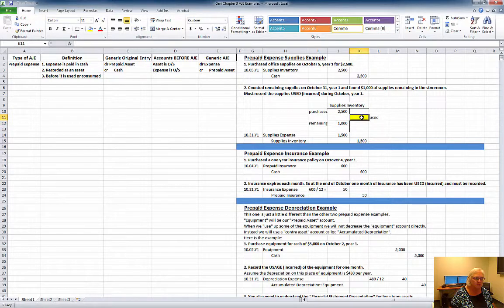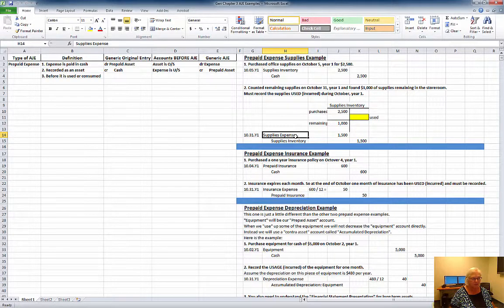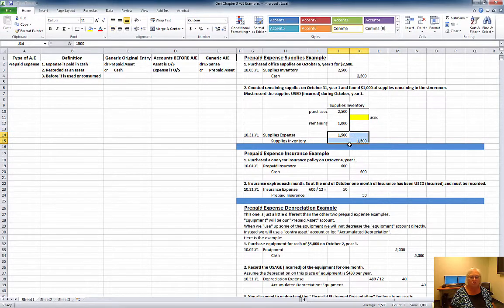And then the difference is how much you used. So what does it take to subtract from $2,500 to get to $1,000? You got it, $1,500. So our generic adjusting entry, we're going to debit an expense, which is, in this case, supplies expense. We're going to take it out of the prepaid asset, which is supplies inventory, $1,500, and you've done it.